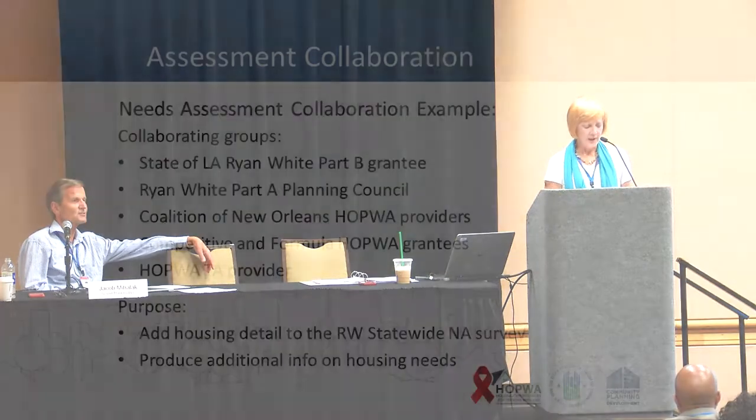Second is also just sharing that survey with HOPWA grantees for further analysis, because there are things that can be pulled out from the raw data in those surveys that can really benefit HOPWA with better information. Ryan White, I think, should use it and need it as well, but it should be available to both systems. And we hope that there will be more work done to build bridges between the different kinds of data systems that exist between HOPWA and Ryan White. It doesn't help that we use different systems for collecting information. And different definitions for the same thing.